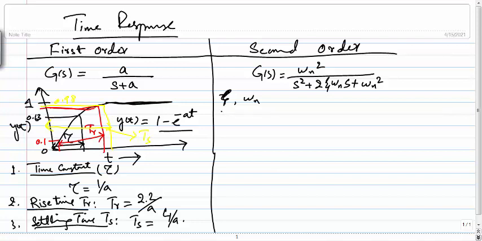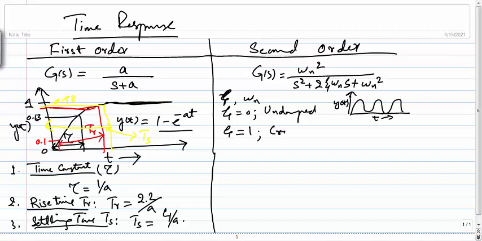If we say that zeta is equal to 0, we say that this is undamped. If we look at the response, the response is something like that. If zeta is equal to 1, we call it a critically damped response.